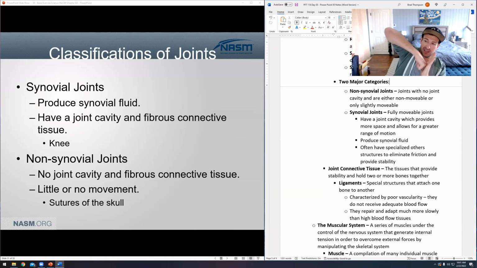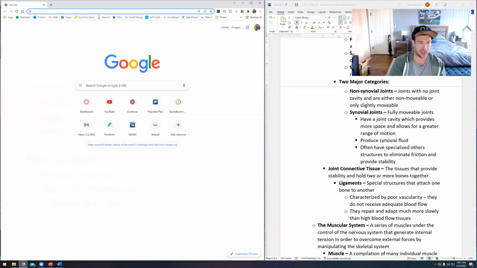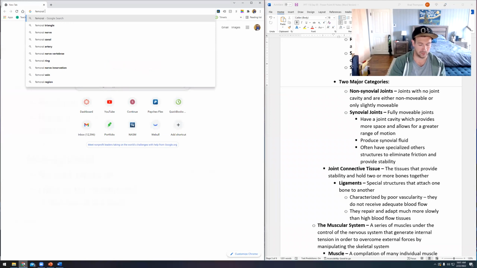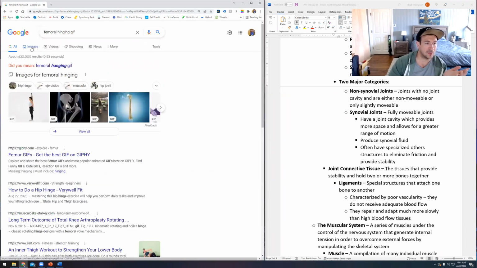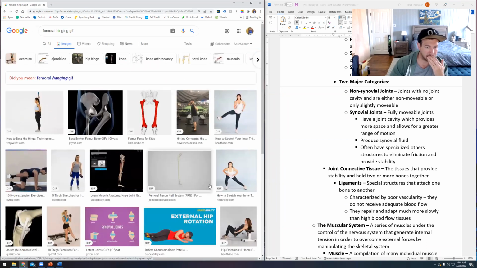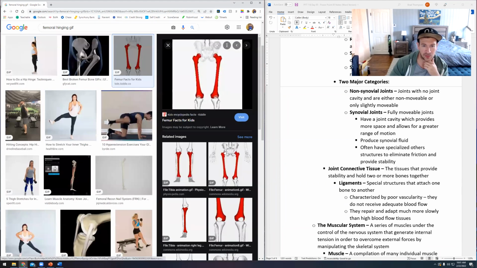Like your femur, for instance. If you ever look at femoral movement, it makes a little bit of both of those movements simultaneously.